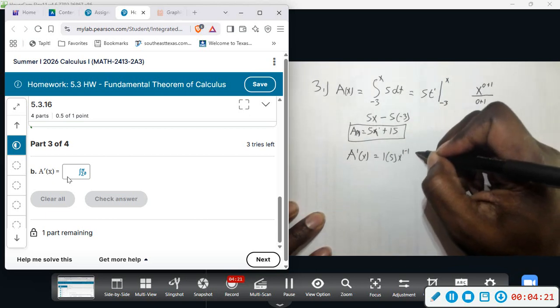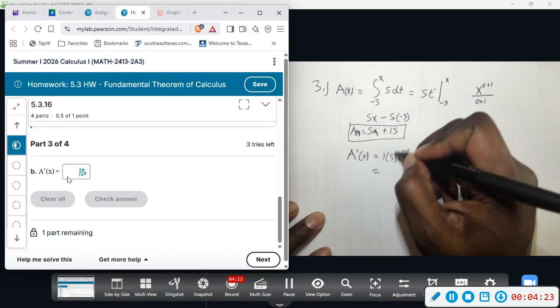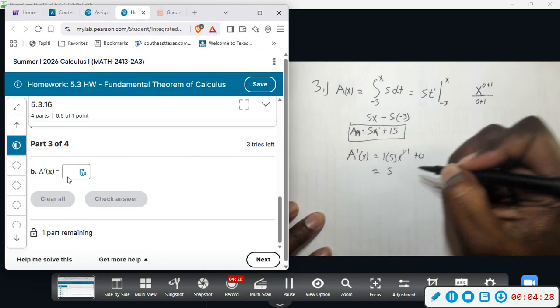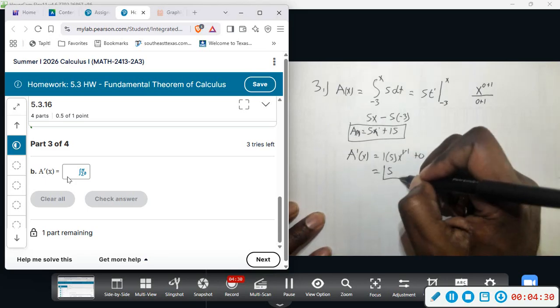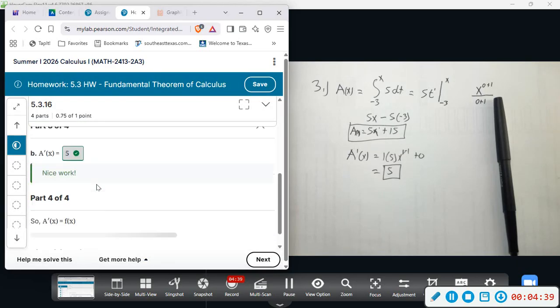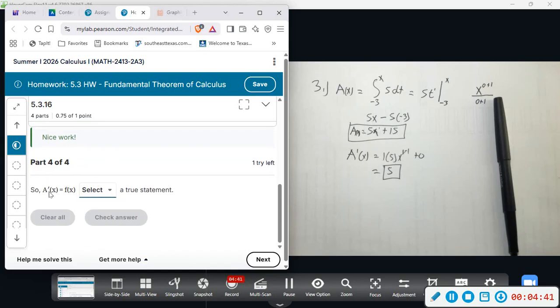And then the derivative of a constant is 0, so that zeros out. 5 times 1 is 5, which is what they told us f of t was in the beginning. All right, so A prime of x is equal to f of x. That is a true statement.